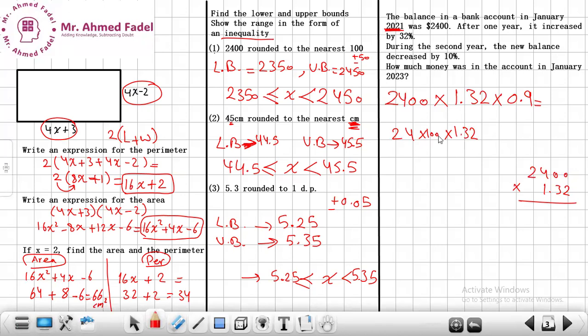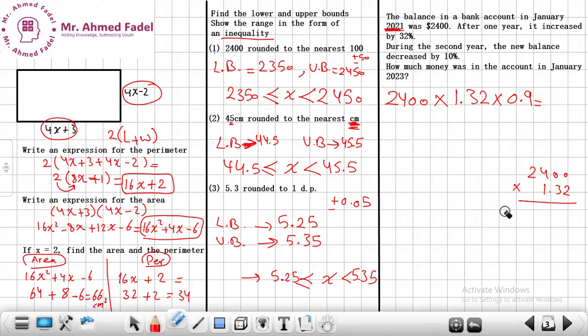And then I do here 24 times 132, so that I get 2 digits by 3 digits. Fine, you can do that. But mister, this is very confusing.